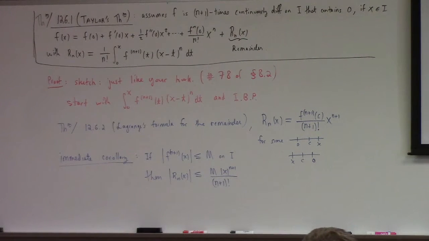The first one that comes to us is that if Rn of x, right, if this goes to 0 as n goes to infinity for each x in some interval I, then f of x is equal to what? Equal to f of 0 plus f prime of 0 times x plus f prime prime of 0 over 2 x squared plus dot dot dot.